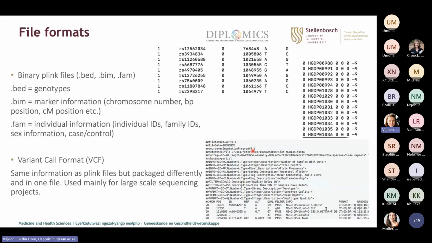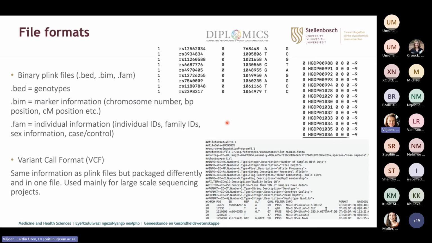You will still have all the information regarding your SNP, your marker information, and information regarding the individuals. The only information that you won't have in a VCF file is information regarding relatedness, so where the individuals are related to one another. That is one of the only differences. But that doesn't mean you can't put it through software to determine relatedness. You just can't house that information in the file.